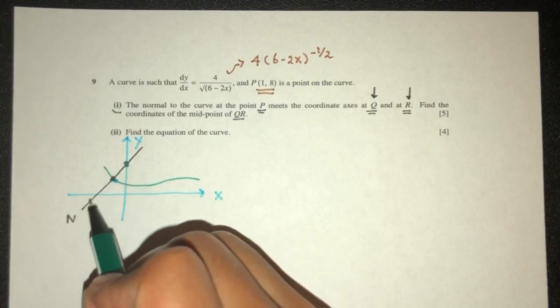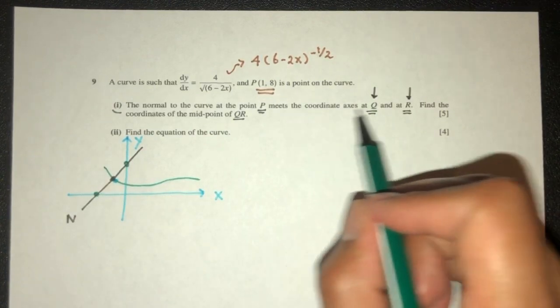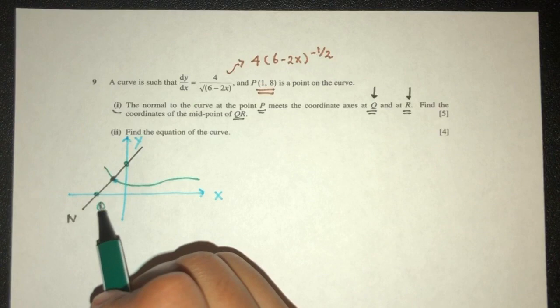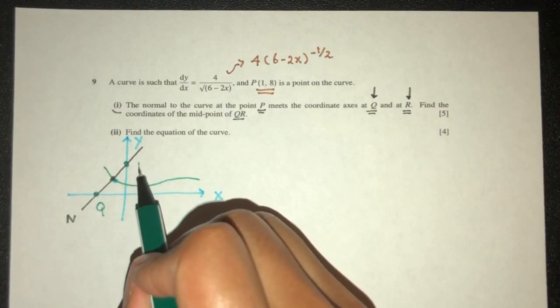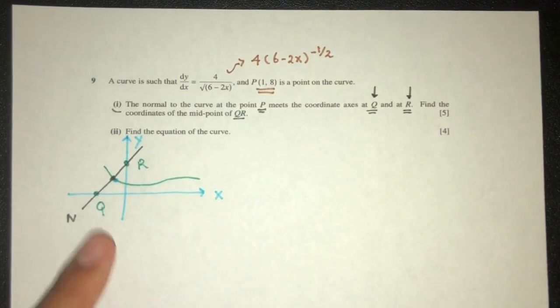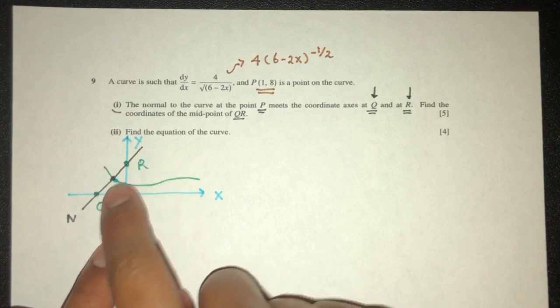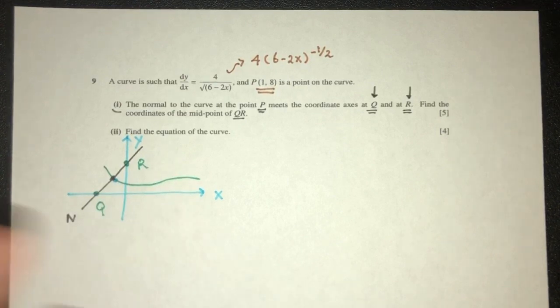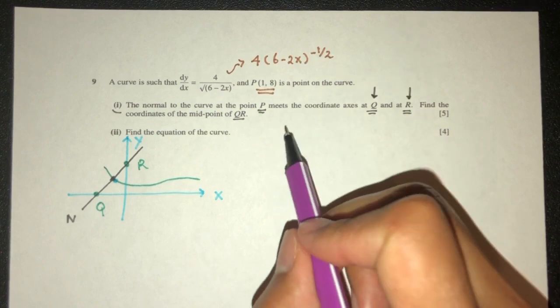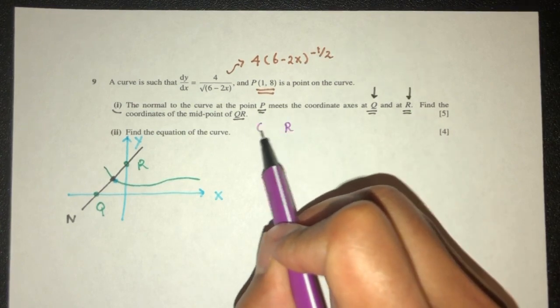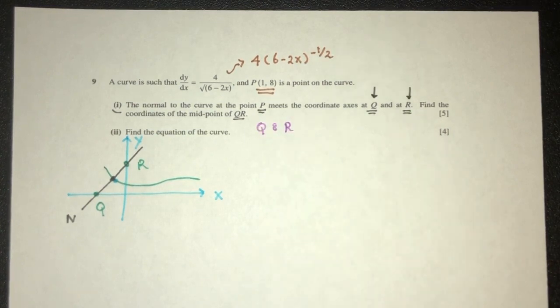On the x-axis we have Q, and on the y-axis we have R. So we have to find those 2 points and then find the midpoint in between. Again, this is just an idea of what is happening and what we need to find. That's the first thing we have to find.